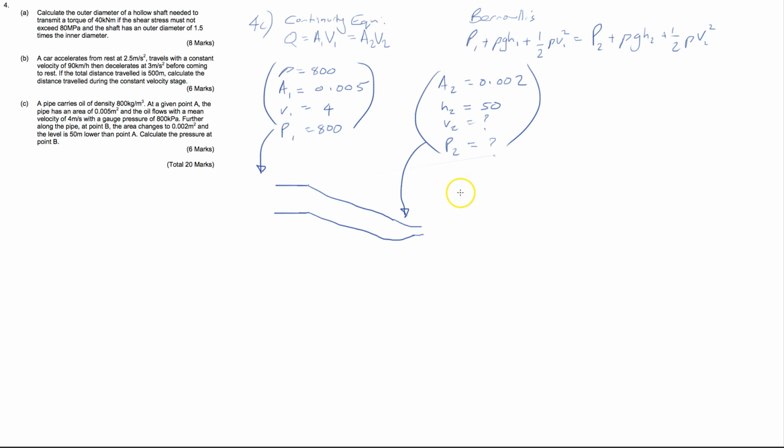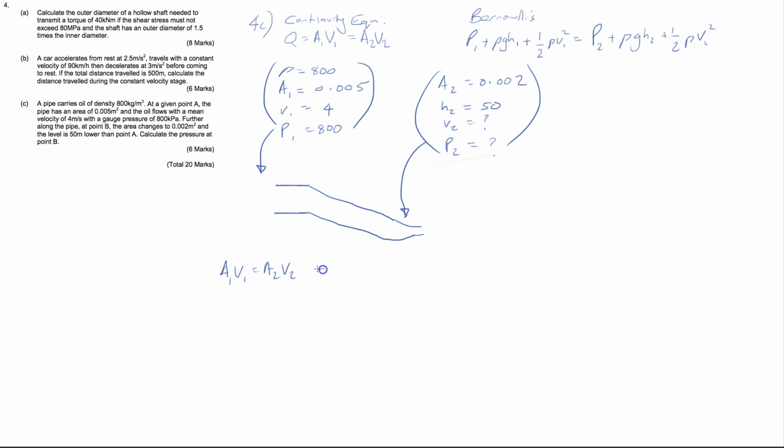So continuity equation first. A1 V1 is equal to A2 V2. So we're trying to work out V2 here because we don't have it and we need it.